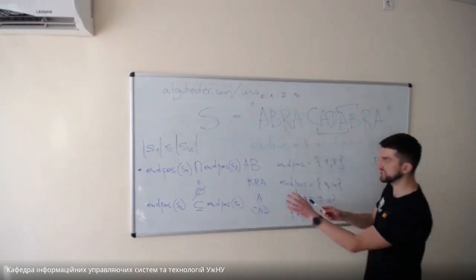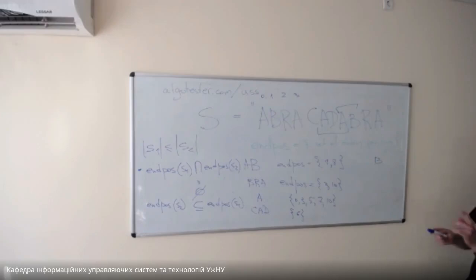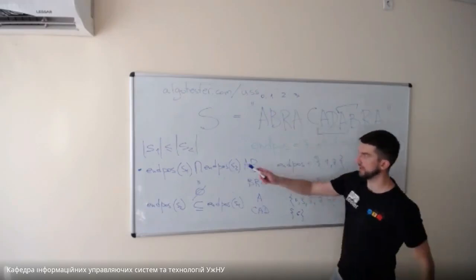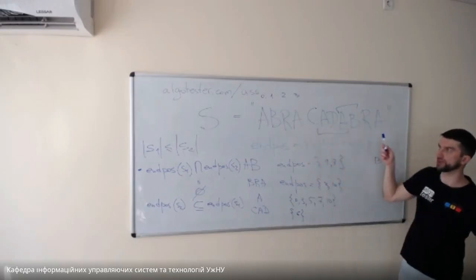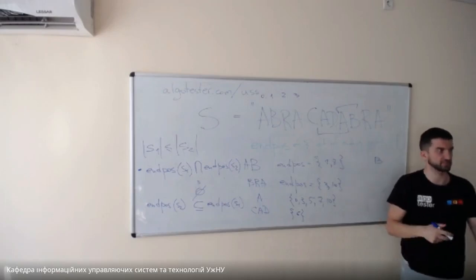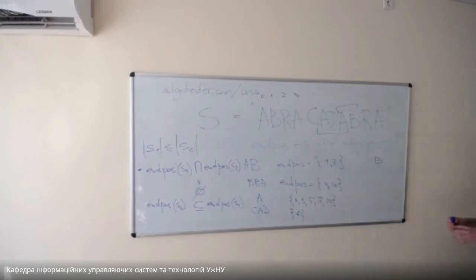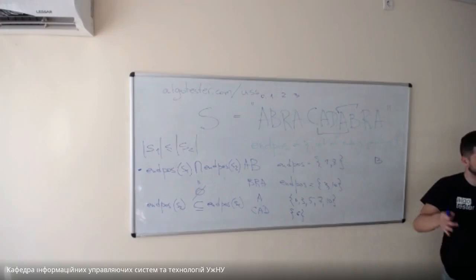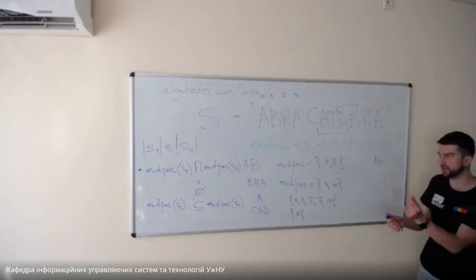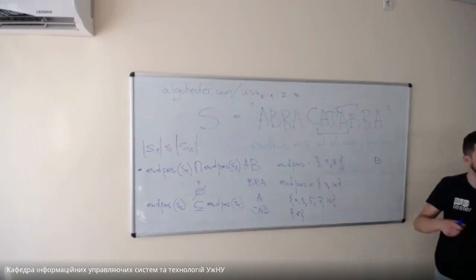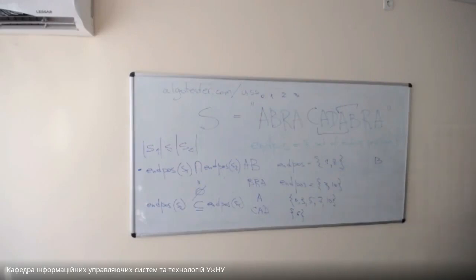If the intersection of two sets is not empty, then there is at least one position where both S1 and S2 end in the long string, which means that the shorter one is the suffix of longer one, which means that everywhere where long string ends, short string will end as well, correct? However, for shorter string, the end position set can be wider, can be bigger, can include some other positions, right?